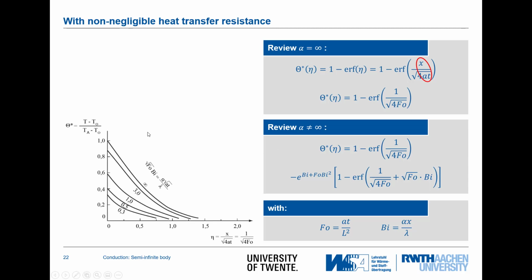Now, instead of using the equation to calculate the temperature inside the body, we can also refer to different diagrams that show the values of theta star depending once on the combination of Fourier and Biot. And this combination is exactly the important part, because we can see here it's Fourier times Biot square. So taking the square root of this, we have the square root of Fourier times the Biot number, and also here it's Fourier times Biot.